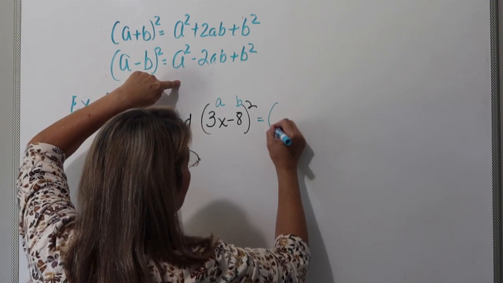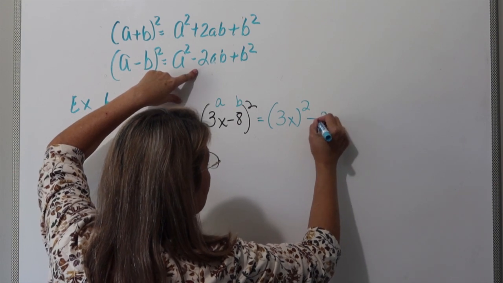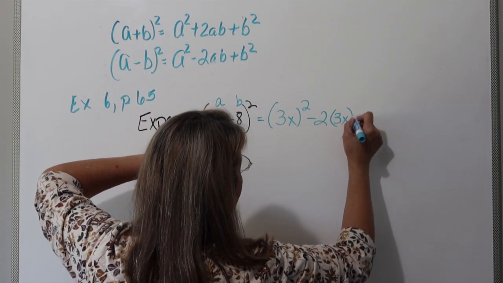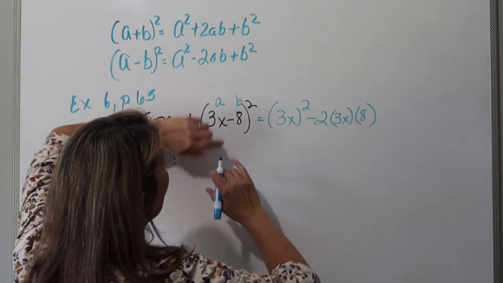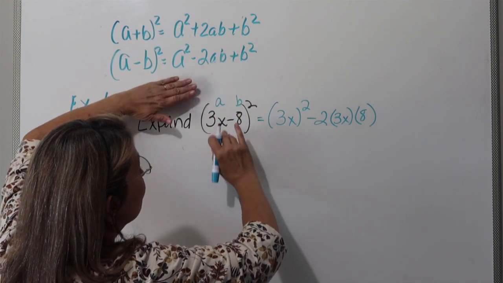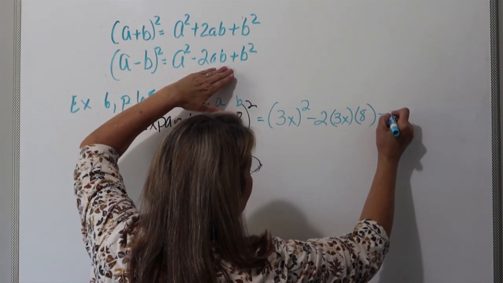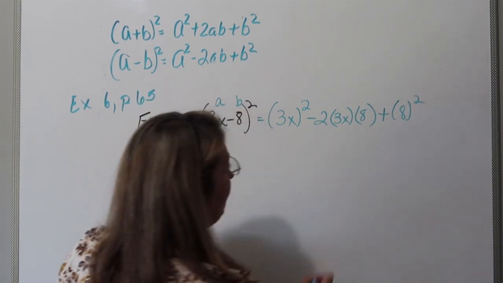So a squared is going to be 3x squared minus 2 times a, which is 3x, times b, which is 8. Then, like I said, since your formula already takes that into consideration, you don't even have to worry about the sign. Alright, the last sign is a plus. B squared is going to be 8 squared.